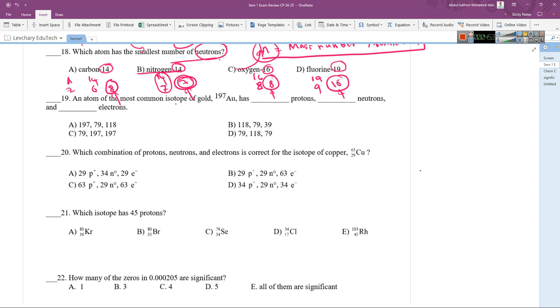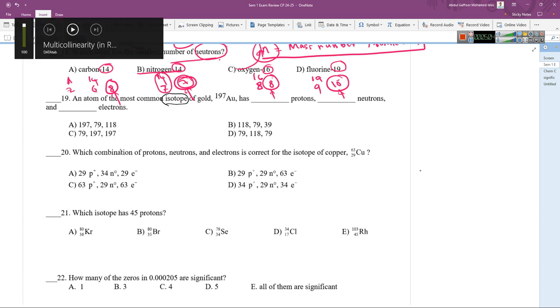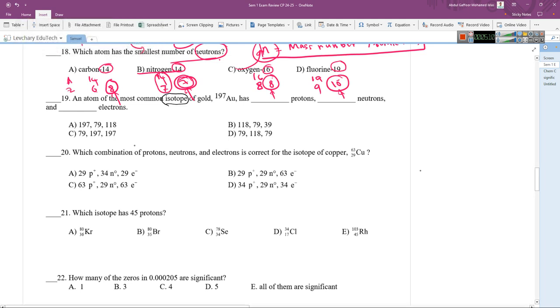An atom of the most common isotope, right? So what do you mean by the term isotope? Have you heard the term isotope? Yeah. What is it? Is it an ion? Isotopes are different forms of the same atom with different mass numbers.